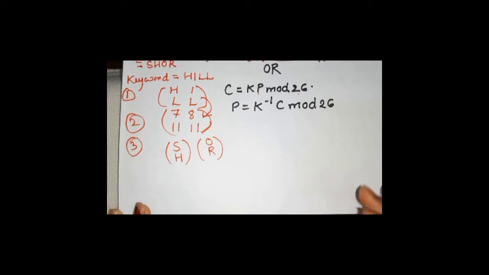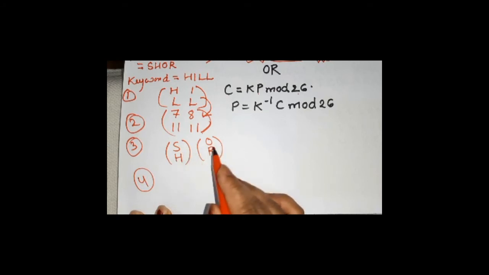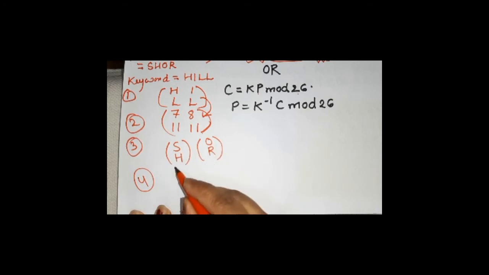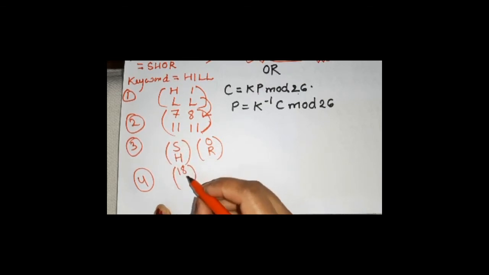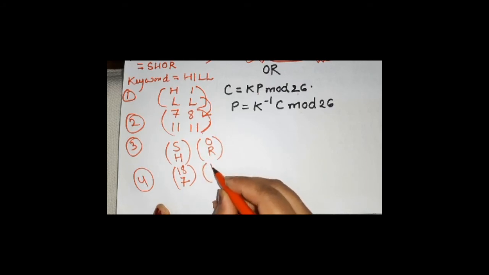Okay. After this, we'll be converting my alphabet matrix into number matrix. The numerical value of S is 18 and the numerical value of H we've already seen, which is 7. The numerical value of O is 14 and the numerical value of R is 17.